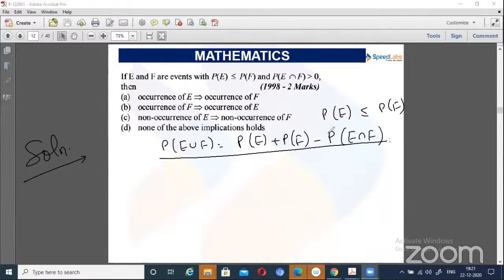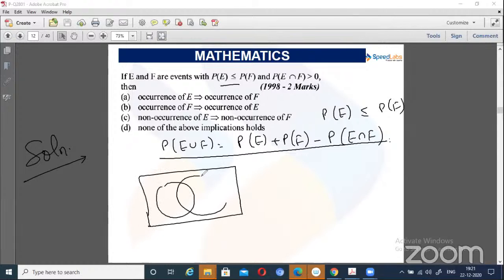Apar, your answer is A. Why is that? See, the general event for this can be this also, right? E and F, probability of F is more than probability of E, and P of E intersection F is more than 0.